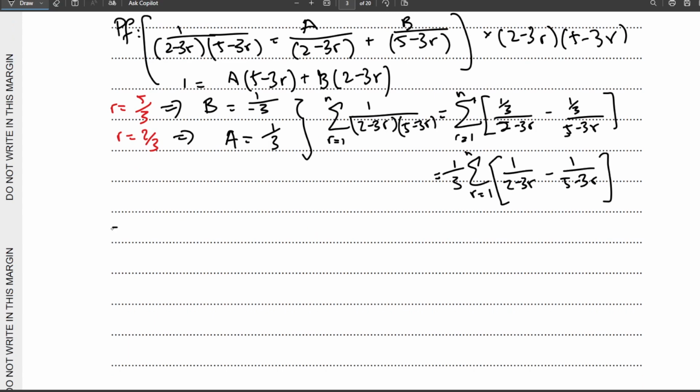Okay, now what we're going to do is one by one we substitute the values of r equals 1, r equals 2, r equals 3, and so on and so forth until we see a pattern, right?